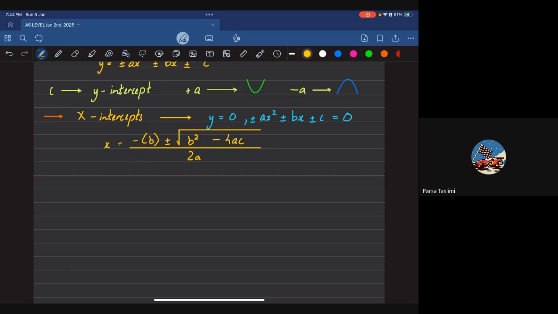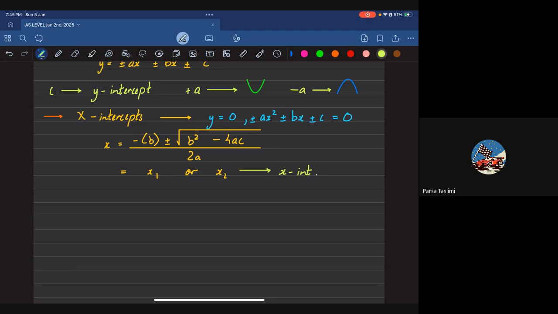And whatever two values of x you get, x1 or x2, these are going to be your x-intercepts. Clear, guys?